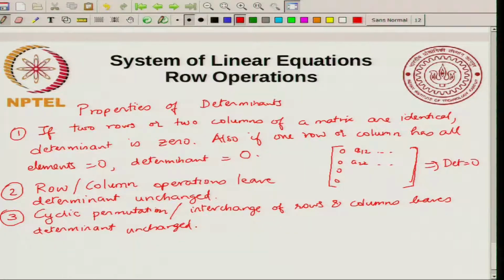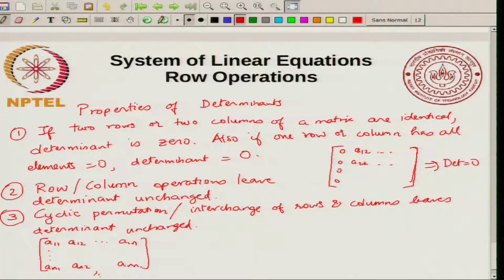Okay. So, that means what is a cyclic permutation? I just take any one row or one column and then I sort of shift all the rows and columns by 1. Okay. So, for example, I will just do one cyclic permutation. So, if I have A11, A12 up to A1n and then all the way up to AN1, AN2 up to ANN.